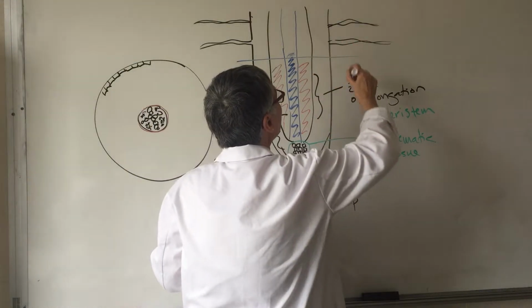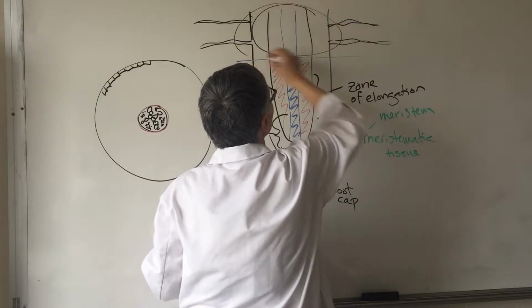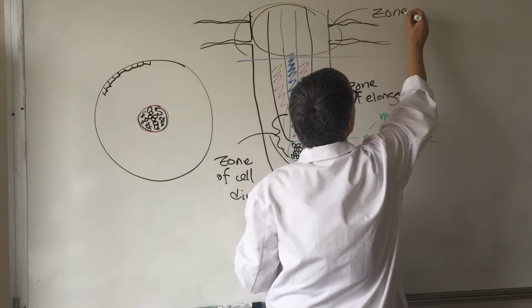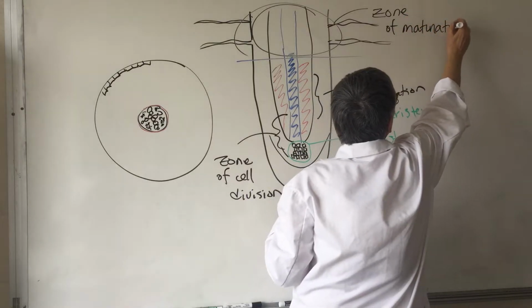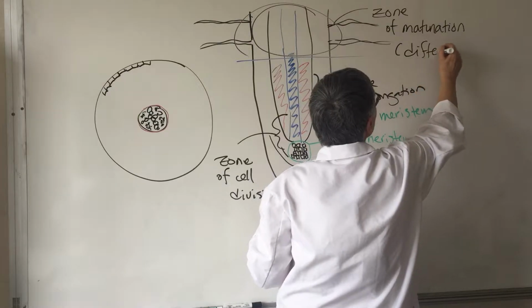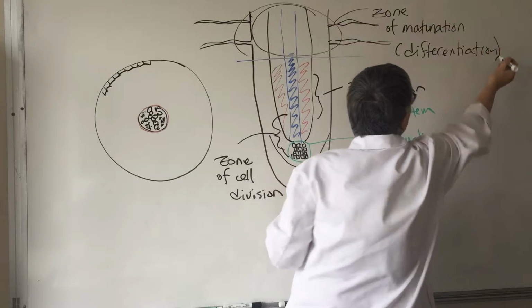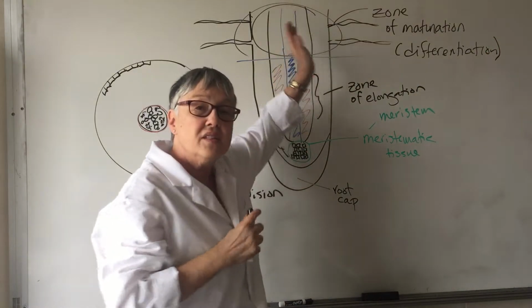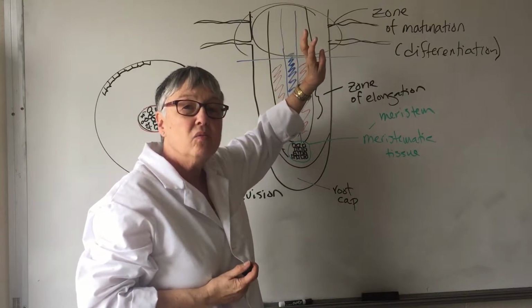And then a little bit further up, right in here, this is where we have the zone of maturation, or sometimes zone of differentiation. And that simply means that's the zone where the cells are no longer able to divide rapidly.